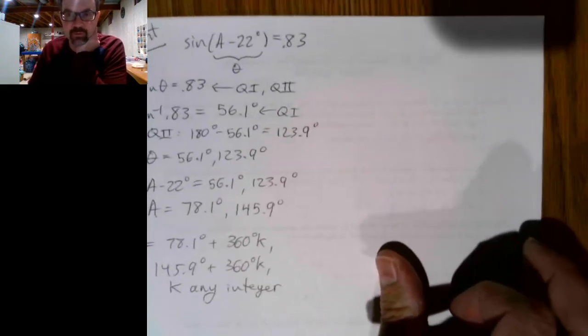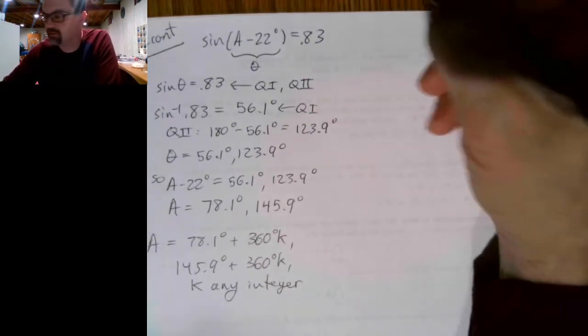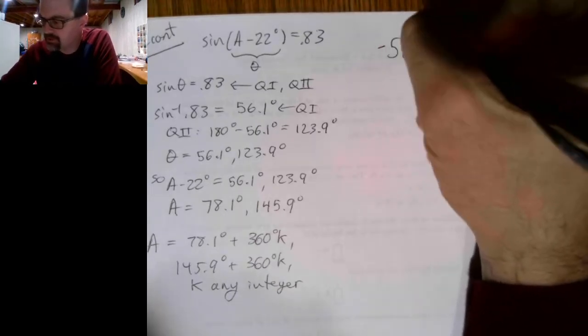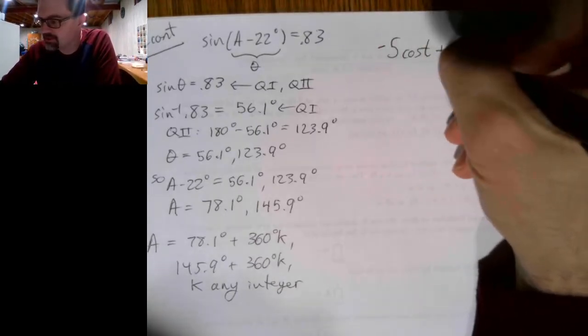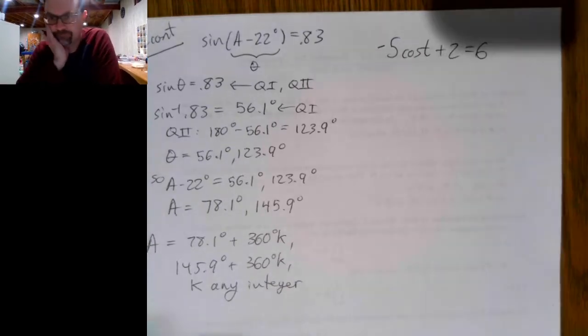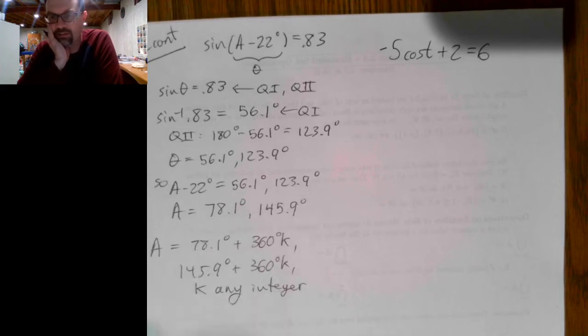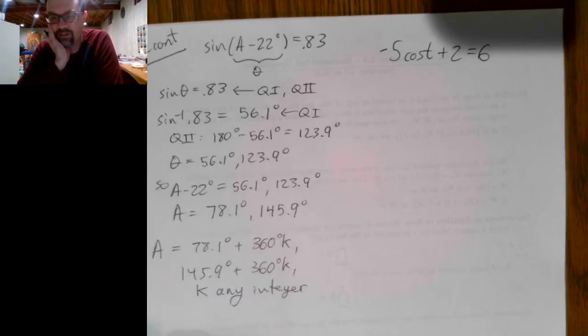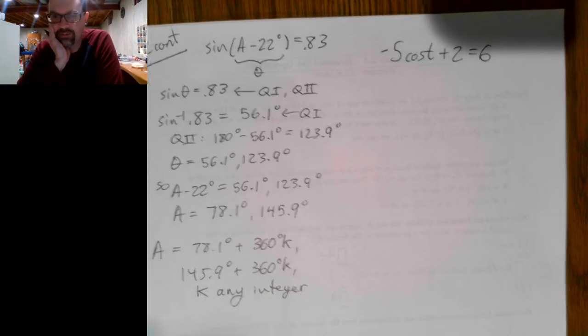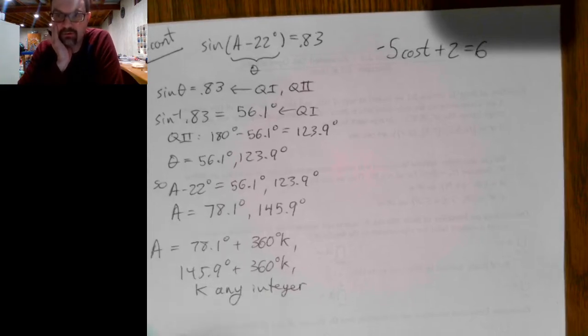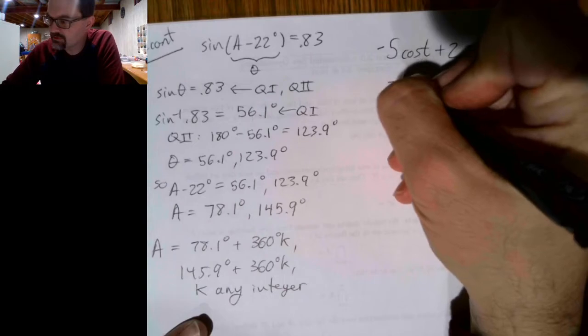Alright, one more on this page. Minus 5 cosine t plus 2 equals 6. This one is just cosine t, at least. Nothing's squared, there's just the one trig function. We just need to get the trig function by itself. So, subtract 2 from both sides.